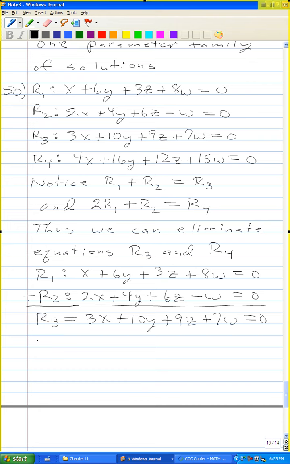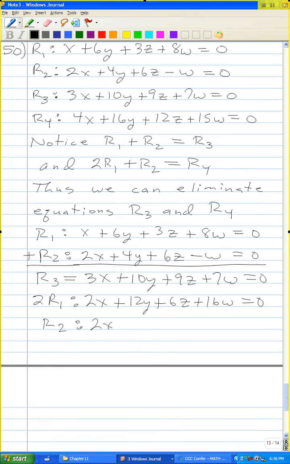Now let's look at 2R1: 2x plus 12y plus 6z plus 16w equals 0. And let's look at R2: 2x plus 4y plus 6z minus w is 0.